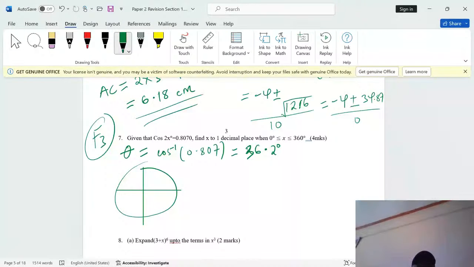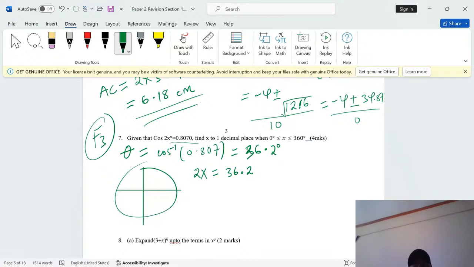Then the possible values of 2x are going to be, because cosine is positive, we are going to identify an angle of 36.2 in the quadrants where cosines are positive. That is the first quadrant, so 36.2.